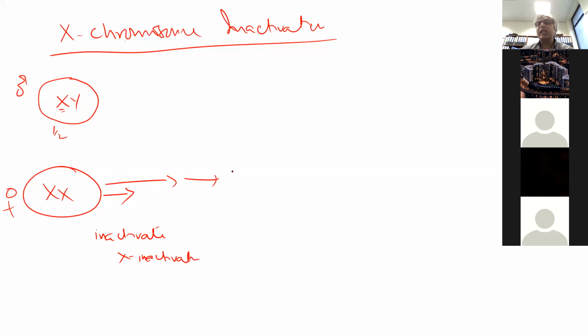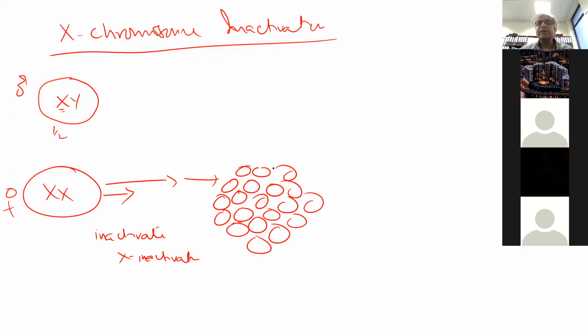At early embryonic stage, I think at the fused cell stage, what happens? There's a kind of counting mechanism, whether there's 1 or 2 X at the molecular level. And one of the two X chromosomes, for example, we have X coming from father and X coming from mother.